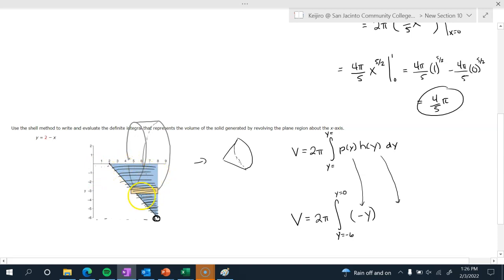Now, what describes the height of these cylindrical shells?